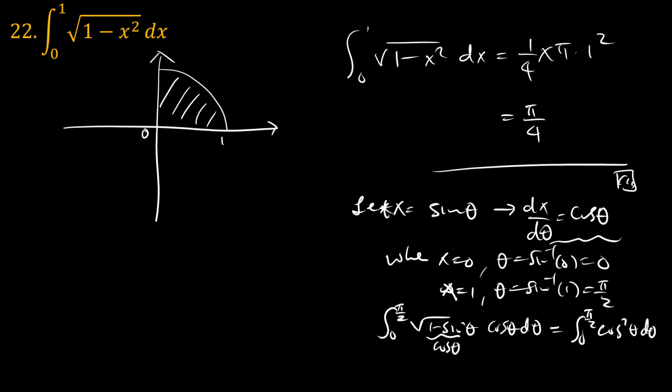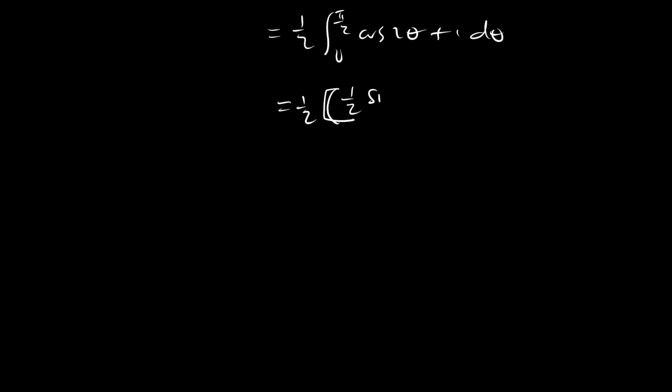And so this is the same as a half, integral from 0 to pi over 2, of cosine 2 theta plus 1. Right? And so we have half, integral from 0 to pi over 2 of cosine 2 theta plus 1, which is a half sine 2 theta plus theta, from 0 to pi over 2.